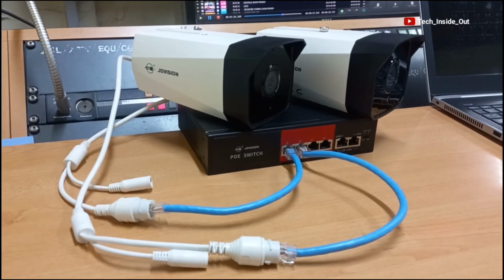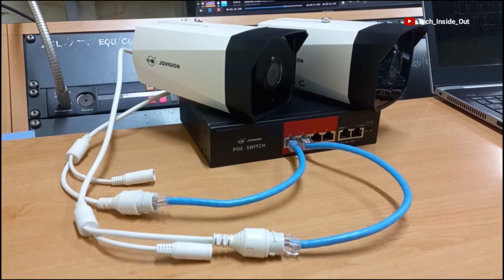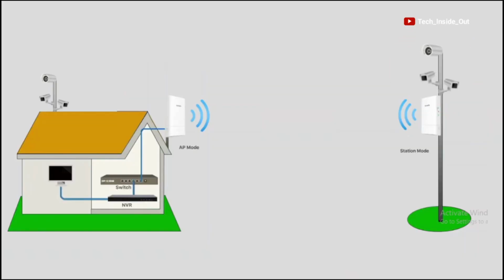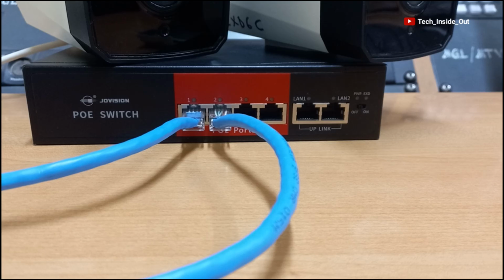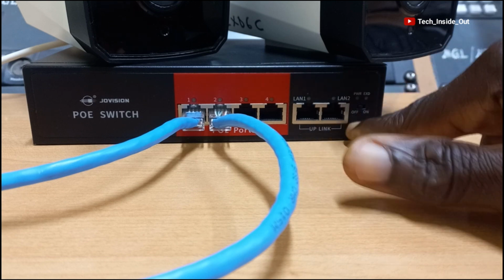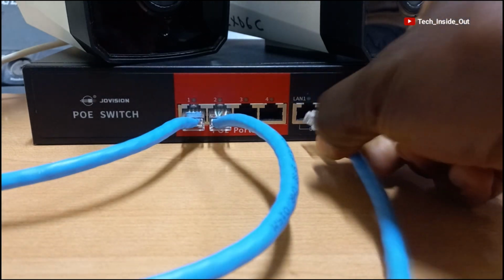Let's take these cameras as an example of cameras like the one in the earlier picture we saw. That is, those cameras that are located at the far end that require feeding into the system to connect to the NVR at a distant location. In sending these cameras over wireless bridges or over a wireless connection, we will have connected a network cable from any of these uplink ports on the PoE switch.